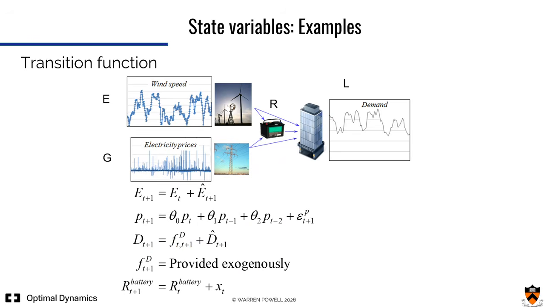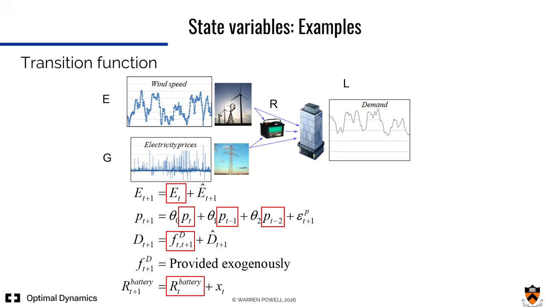Now let's do the transition function. Now the transition function, I have all the equations for updating it. Notice that I have my price equation that needs, to get P_t+1, I not only need P_t, I need P_t-1 and P_t-2. The E, which is the energy in storage, is a basic inventory equation.